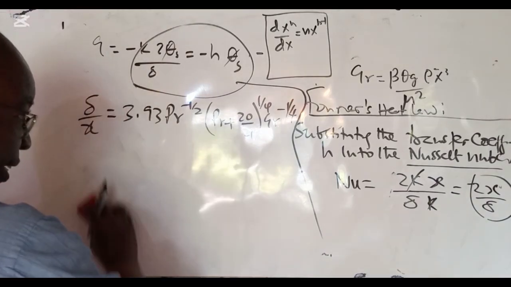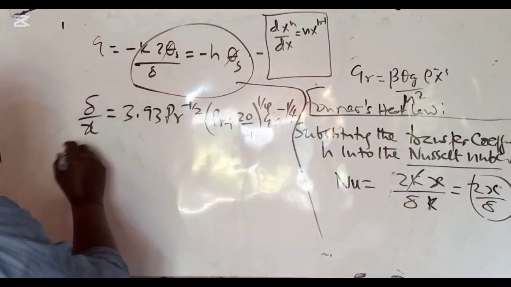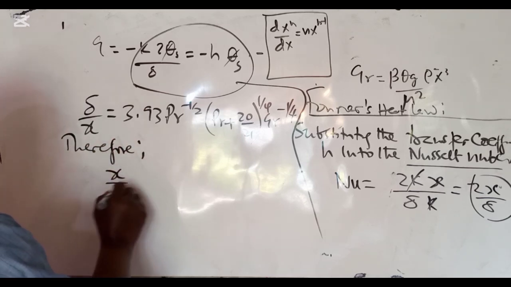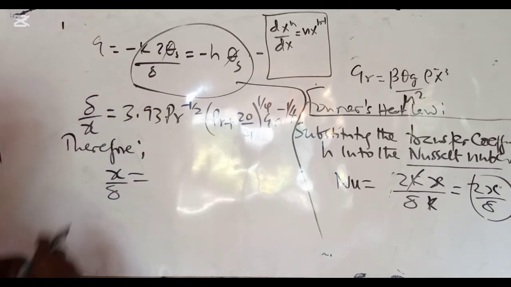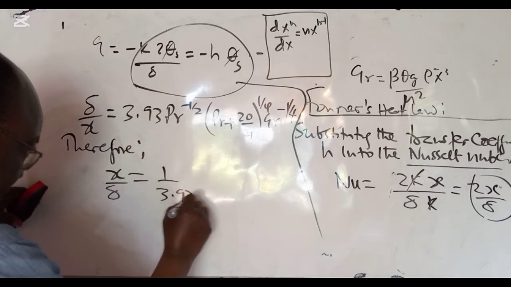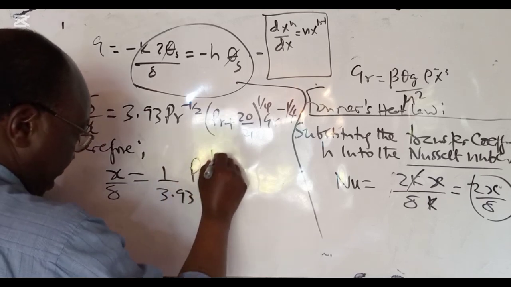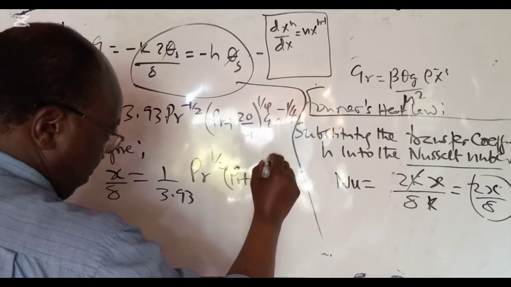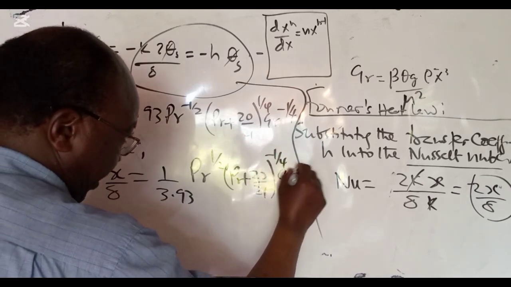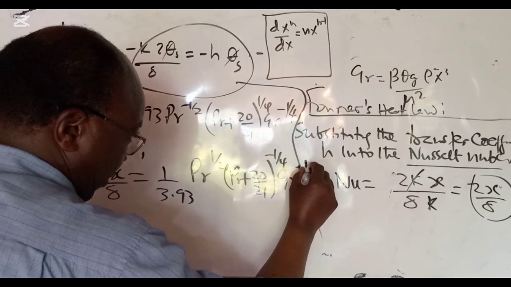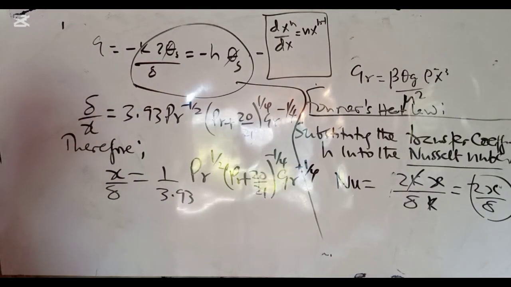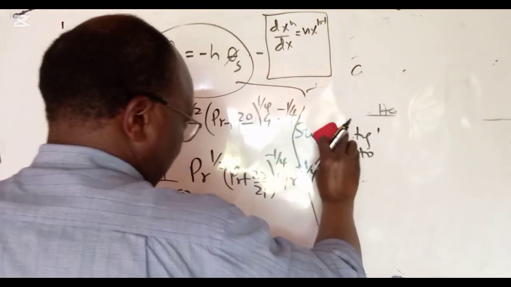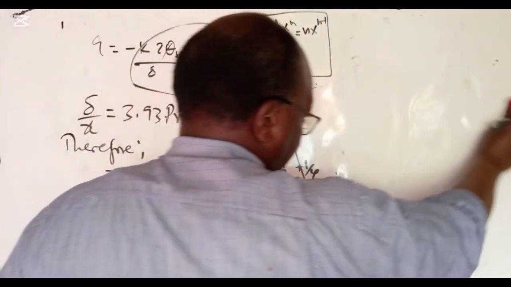So if we convert this, therefore, x over sigma in this particular case will now be 1 over 3.93 Pr to the half into Pr to the minus a quarter, and the Grashof number to the power, the fourth root of that.